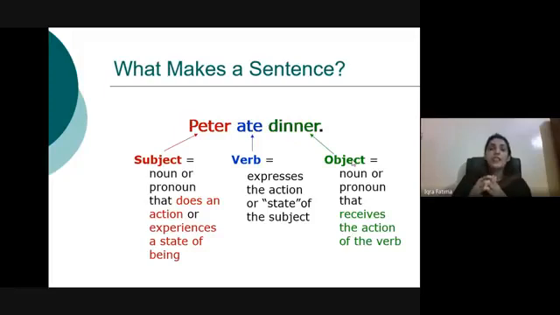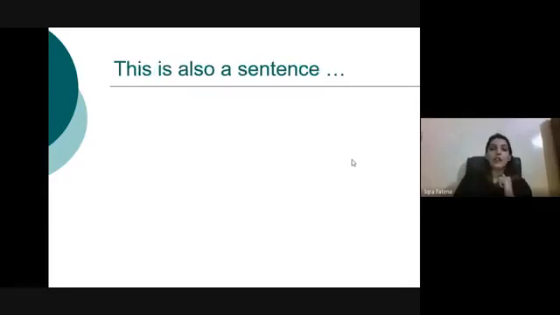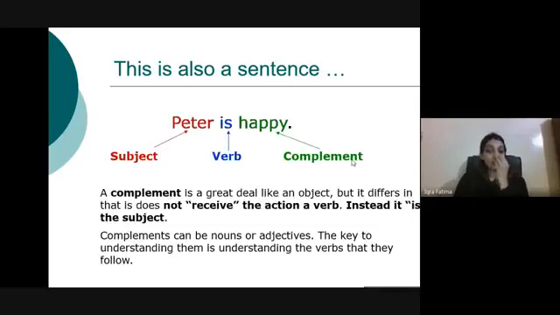The object is the noun or pronoun that receives an action, the word that receives the action that is being performed. But if we talk about another structure, composed of subject, verb, and complement, a complement is not the word that receives the action.